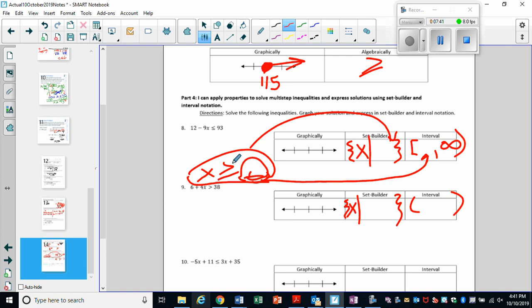And since we have a greater than or equal sign, infinity will be on the right of the interval, and the number on the left is whatever your result is here. We use this bracket because we're starting at the number we're including. So if you start at the number where we include, then you have a bracket.